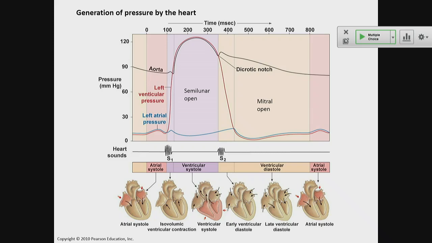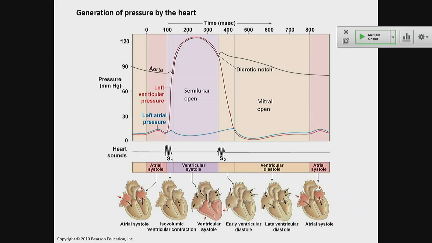So what happens here during this phase when the pressure of the ventricle differs from both the atrium as well as the aorta? Yes? Okay, so the AV valve is closed. How about the semilunar valve? The AV valve is the mitral valve in this case, okay?